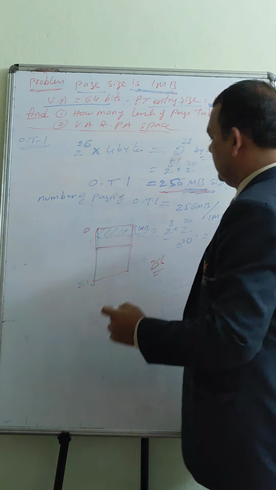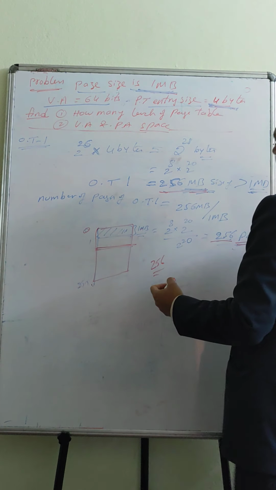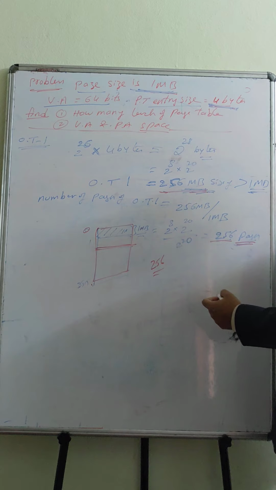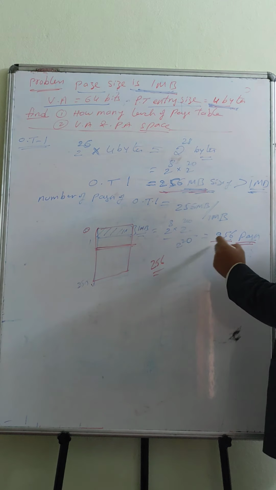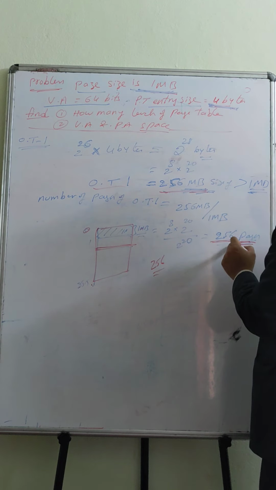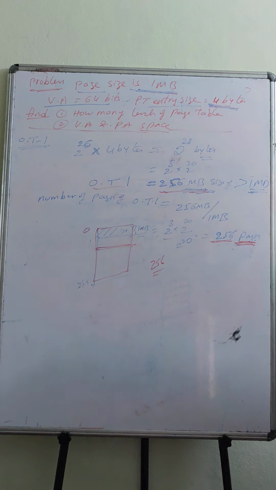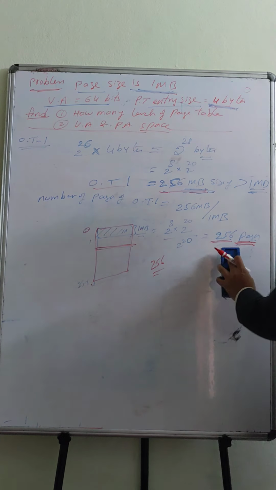Okay, now let us see. We calculated the number of pages in PT1. Now we'll go further. How many bits do we require?